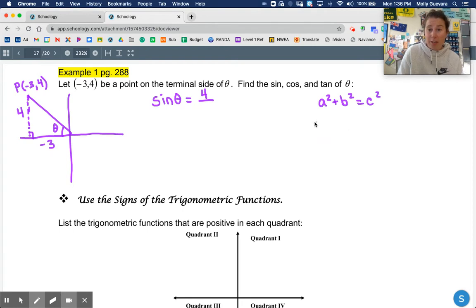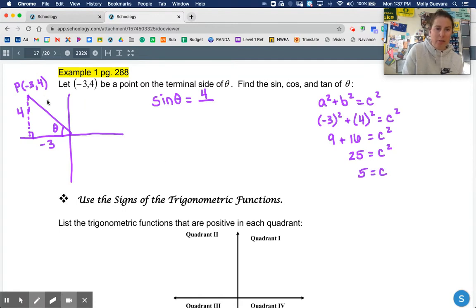I have (-3) squared plus 4 squared equals c squared. So that gives me 9 plus 16 equals c squared. 25 equals c squared, so 5 equals c. So my hypotenuse is 5. So sine then is opposite over hypotenuse, 4 over 5.